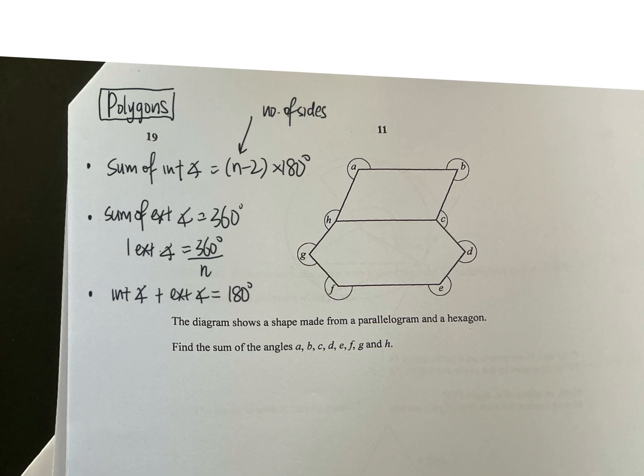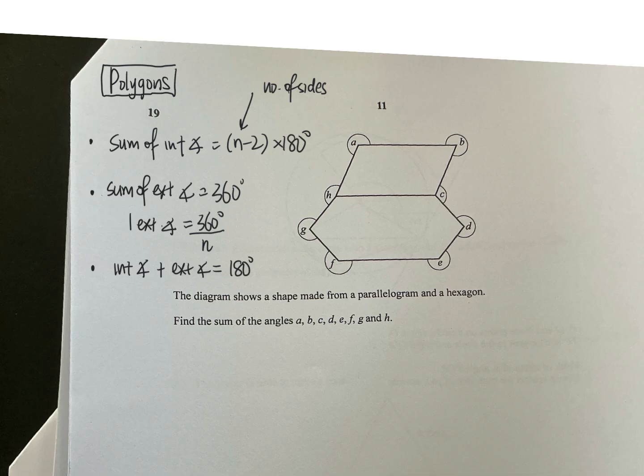So first thing first, if you can see, this is a 4-sided figure. So for a 4-sided figure, you will use 4 minus 2 times 180. So the sum of the interior angles is 360. So these 4 right angles are 360.